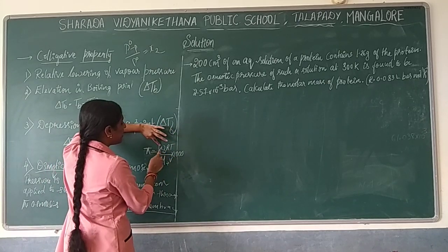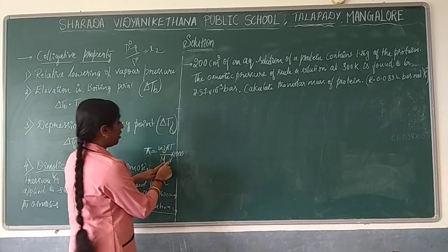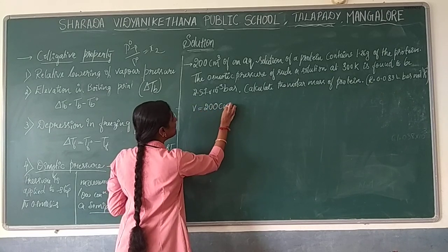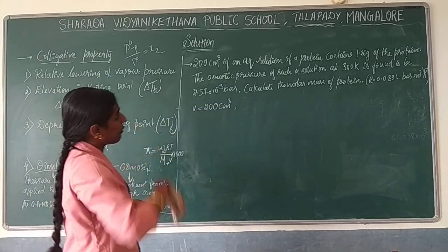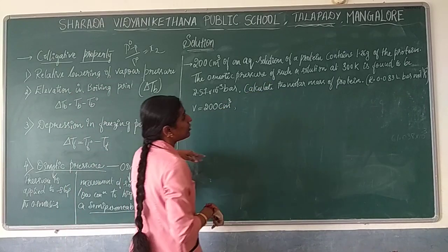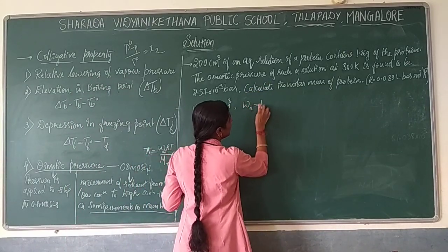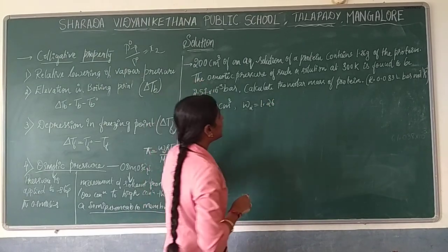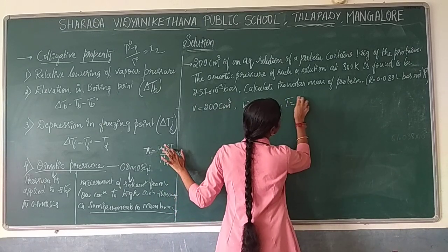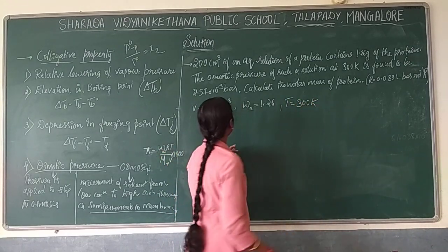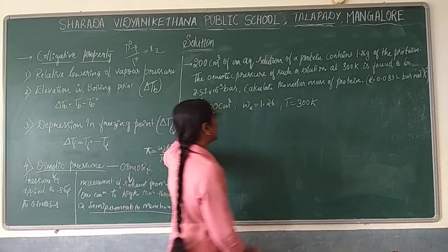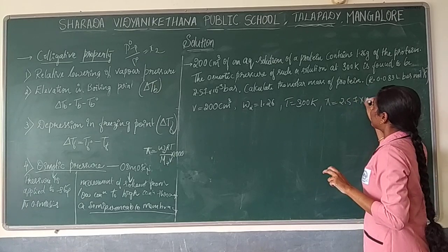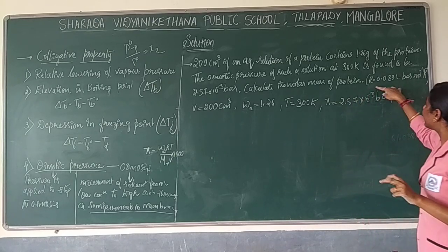See, volume they have given as V is equal to 200 cm cube, of an aqueous solution; protein contains 1.26 gram of protein, so W2 is 1.26. The osmotic pressure of such solution at 300 Kelvin, that is temperature is 300 Kelvin, and the pi value they have given, that is 2.57 into 10 to the power minus 3 bar, along with the R value also.